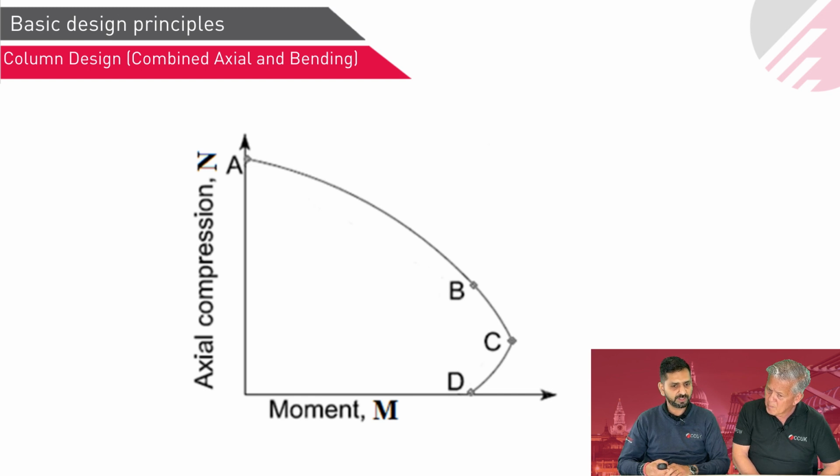But again, we have to draw these NM interaction diagrams for different strengths of concrete and see which one is suitable. Then that confined concrete strength requirement should be given to the FRP designer: we have a column which is currently X MPa strength, but we want to go up to Y for the new moment and axial load to come inside the curve.